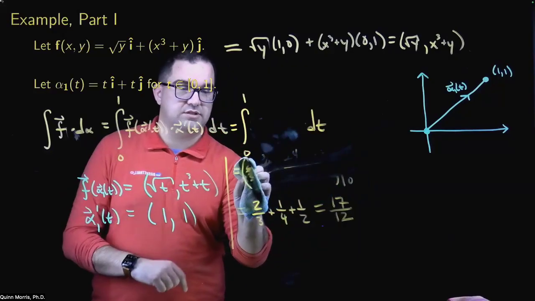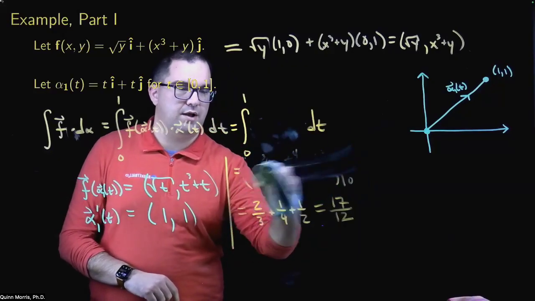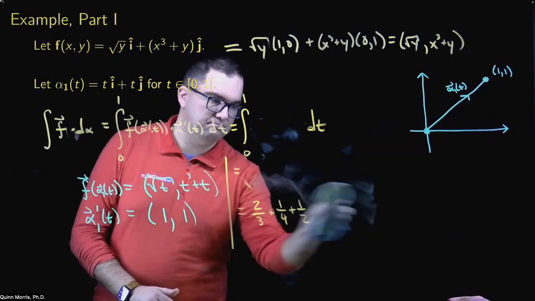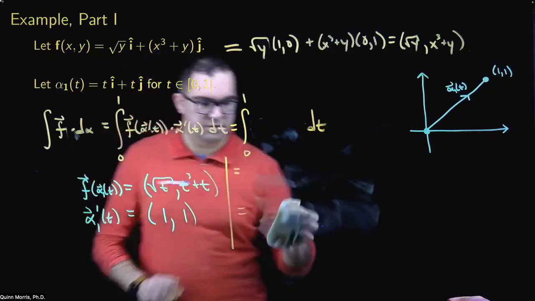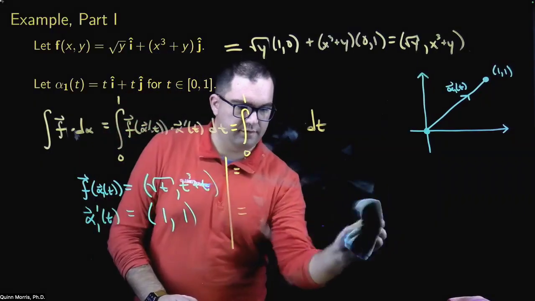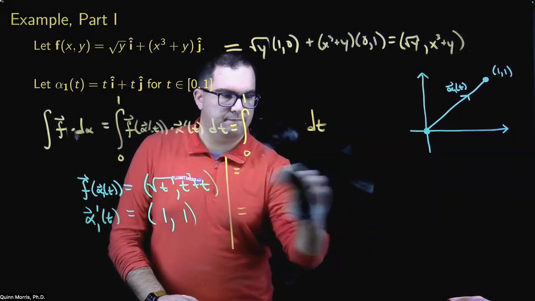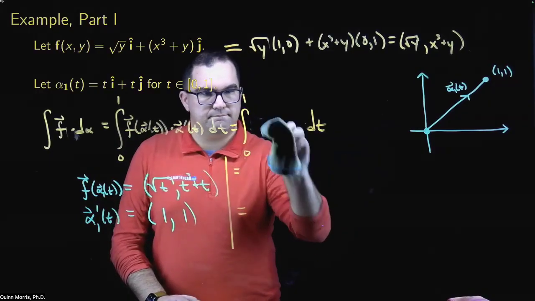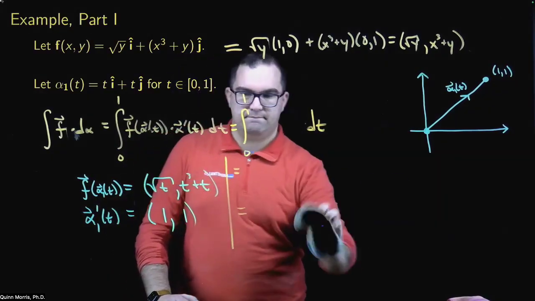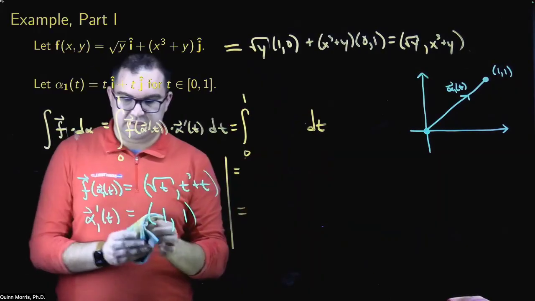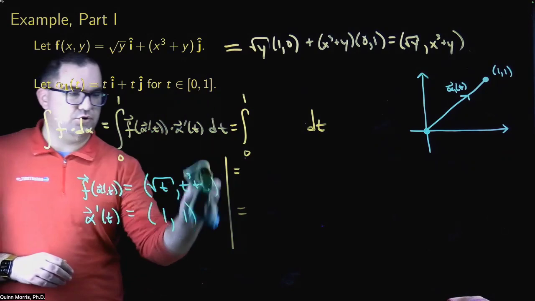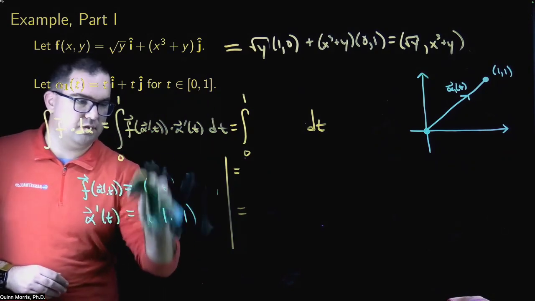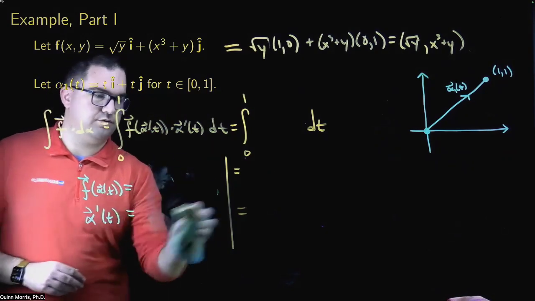Also, maybe 0, 1 is going to change depending on how I parameterize this path, so we'll have to see what happens there. And of course, I'm still going to need to calculate both of these things over here, but now they're going to be with alpha 2s and they'll be different things. So all these things are going to change.